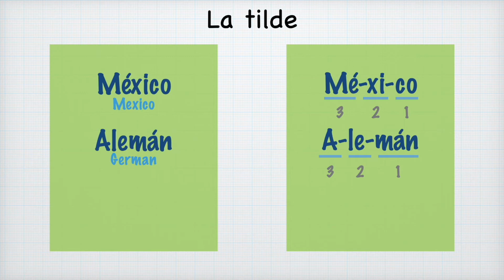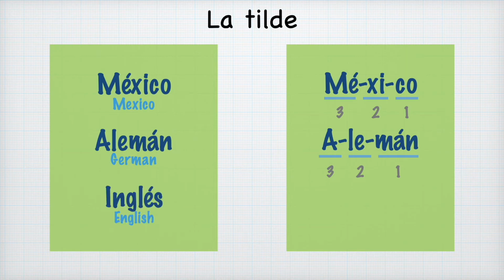So instead of alemán, this would have been alemán. At least that's what the rule says. But we don't want it to sound like that, so we're going to put the accent on the A at the end, and it becomes alemán. Because of the accent, we know we have to stress the last syllable.